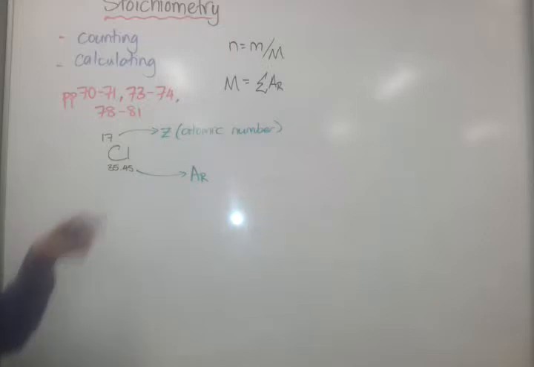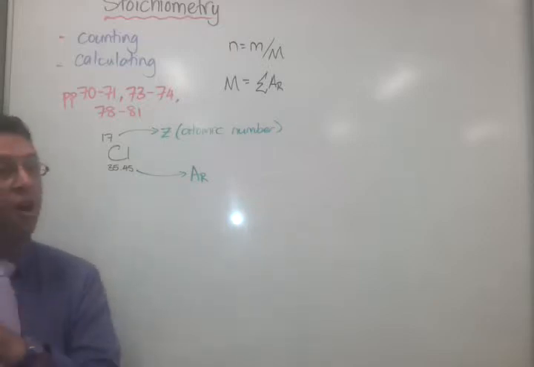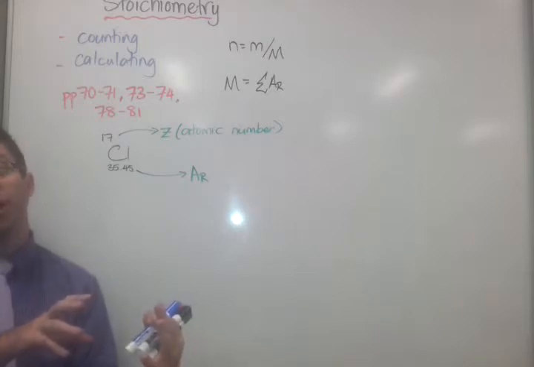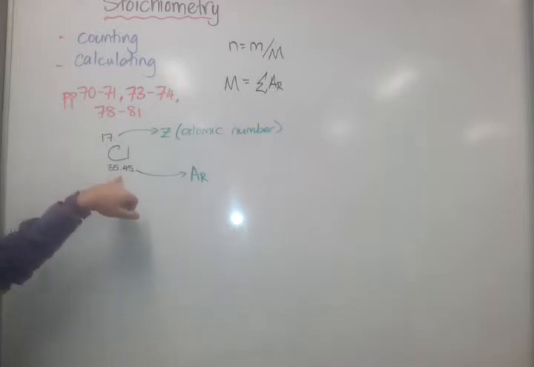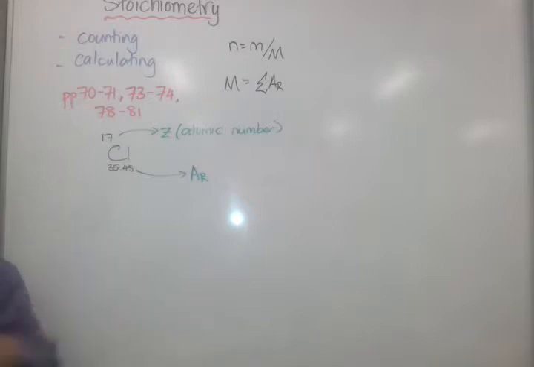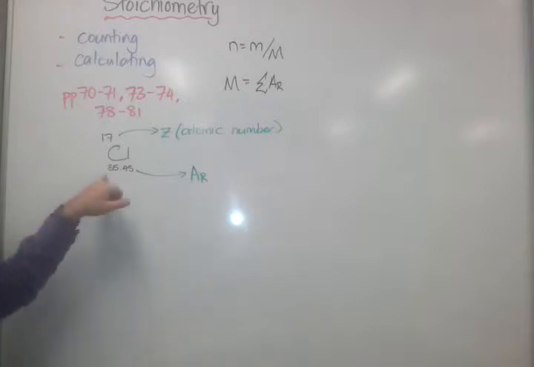Because 35.45 is so close to 35, that tells us that chlorine-35 is more common than chlorine-37. If it was at 36, it would be an equal ratio. But it means that if I have exactly 1 mole of it, then it's got a mass of 35.45 grams.